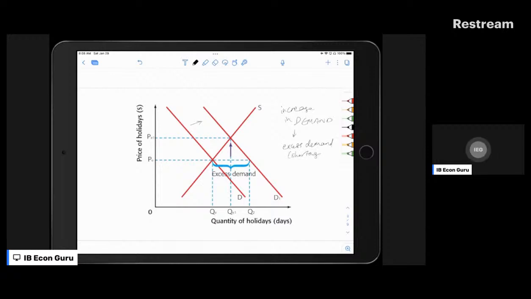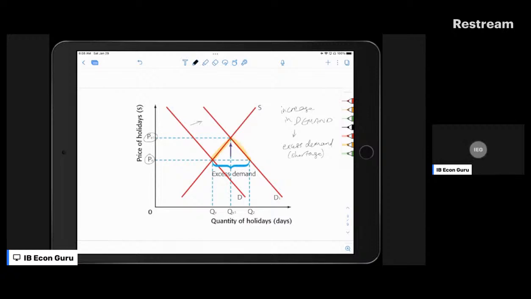This shortage will exert an upward pressure on the price, and so price will rise from PE to PE1. This rise in price will then cause a movement along the supply curve from this point to this point, and a movement along the new demand curve until a new equilibrium is reached.